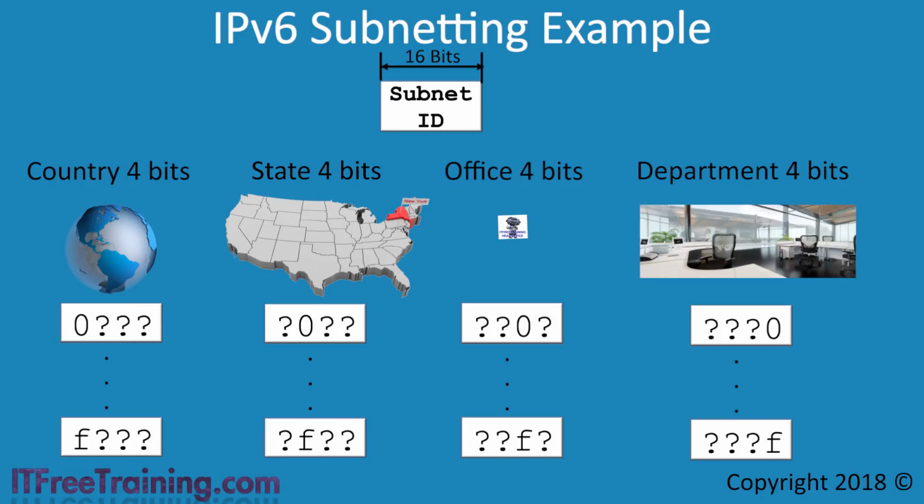For example, 8 bits gives 256 values, so this could give 256 countries. A further 8 bits could be used to give 256 networks for those 256 countries. Something to think about to make your network simpler to work with. But unfortunately, your organization may not work off 4-bit boundaries, so let's look at a harder example.